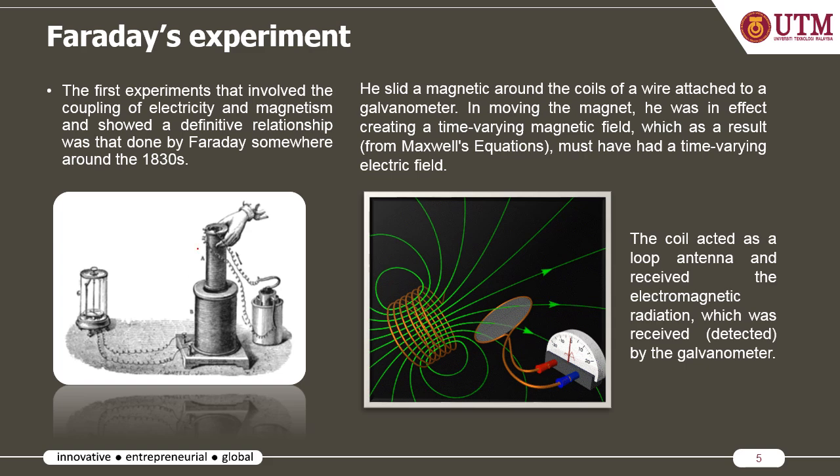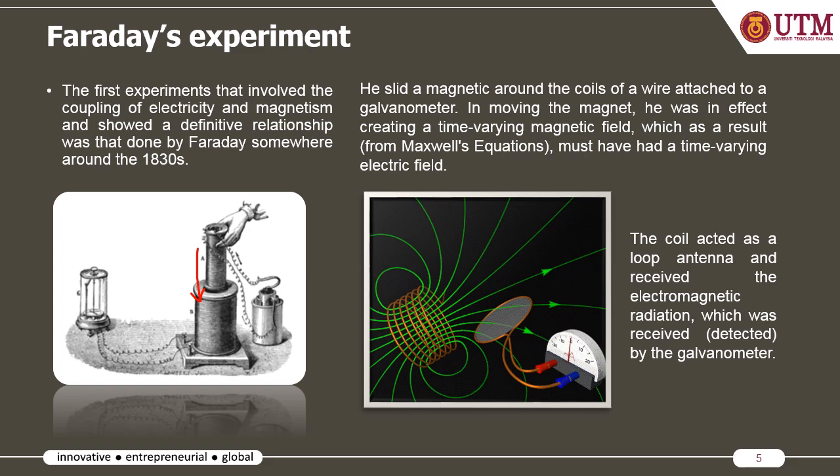Okay, he moves the magnet in between the coiled wires, which creates a time-varying magnetic field, hence creating a time-varying electric field. Okay, this can be shown by Maxwell's equations.